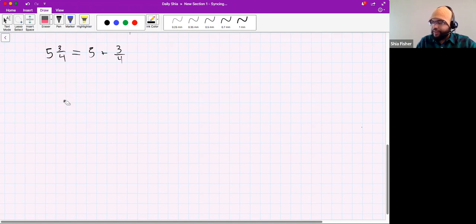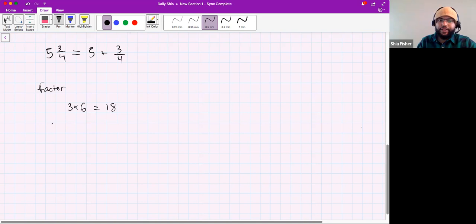Let's learn about the definition of a factor. You're going to hear a lot about factors. So hopefully before coming into this, you already have an idea of simple multiplication, like 3 times 6. 3 times 6 is 18.